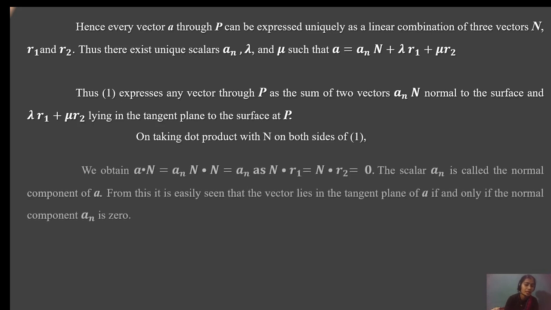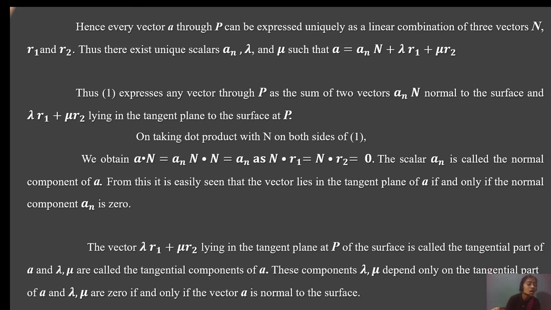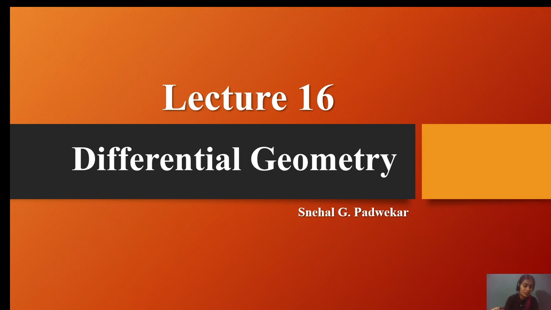This expresses A at the point P as the sum of two vectors: alpha N, which is normal to the surface, and lambda r1 plus mu r2, which lies on the tangent plane.